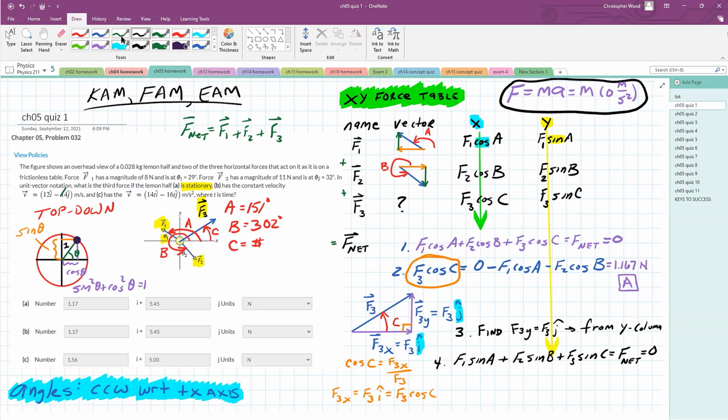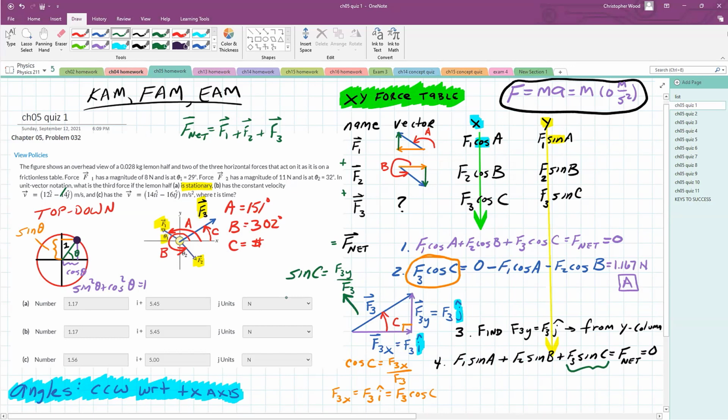Your answer is right here. Your answer is F3 sine C. For all of the reasons I mentioned, if I go back to this triangle right here, let's take the sine. The sine of angle C is side opposite, which is F3Y, over hypotenuse, which is F3.